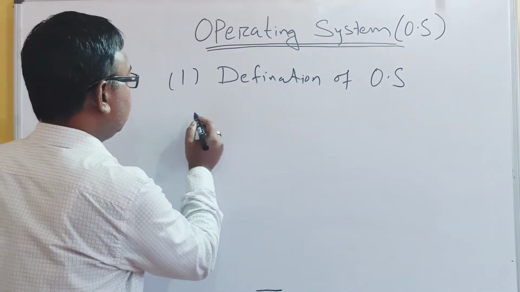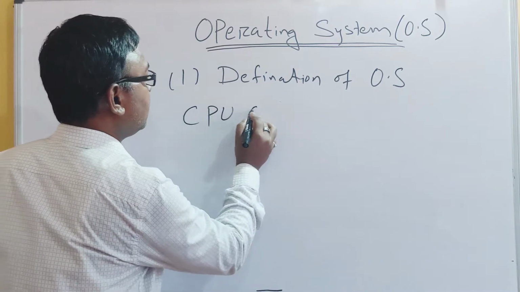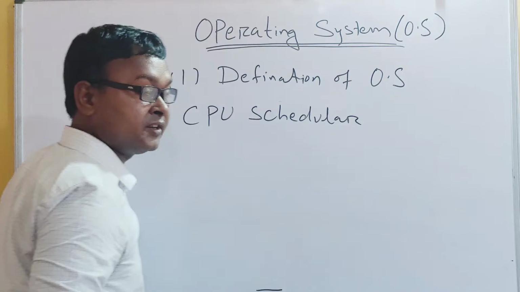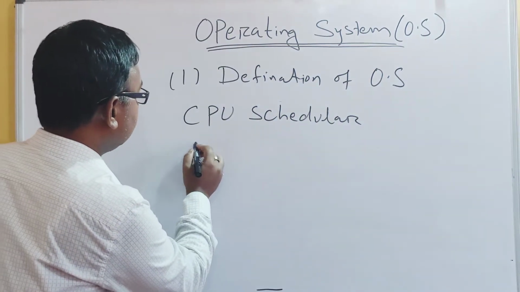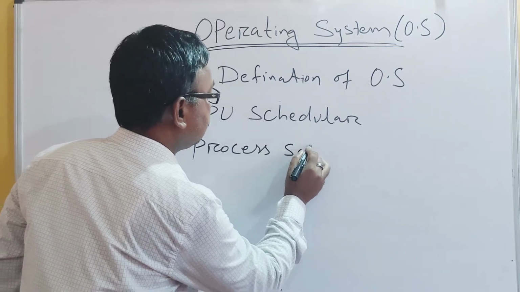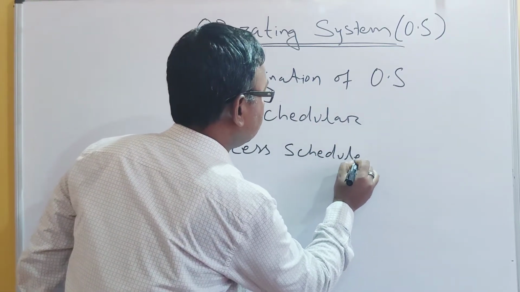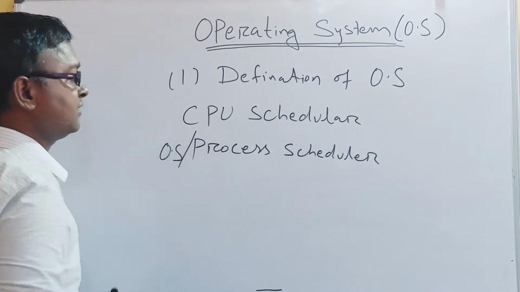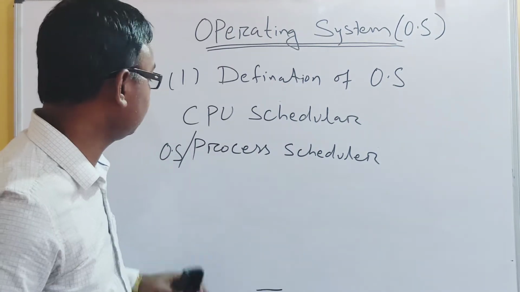The first one is the CPU scheduler, and one more is the process scheduler, which you call the OS scheduler also, the operating system scheduler.